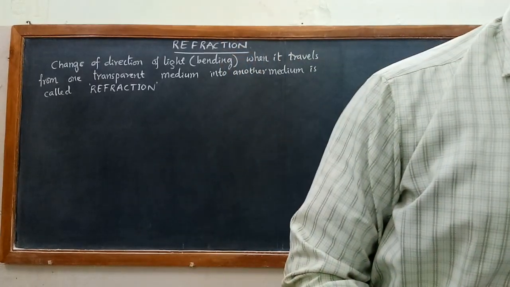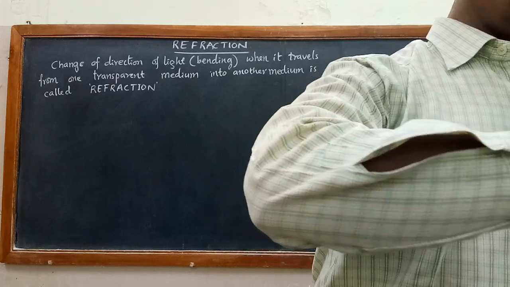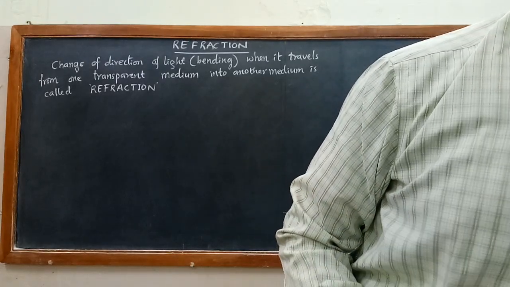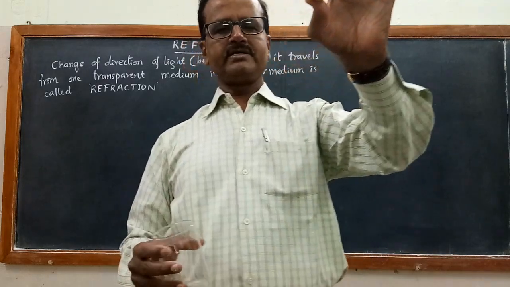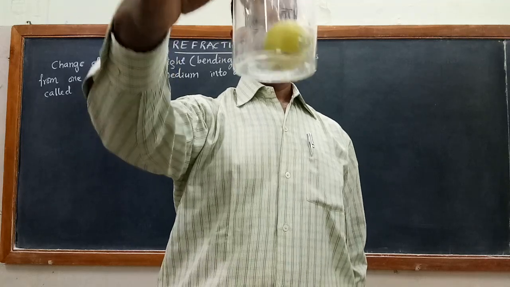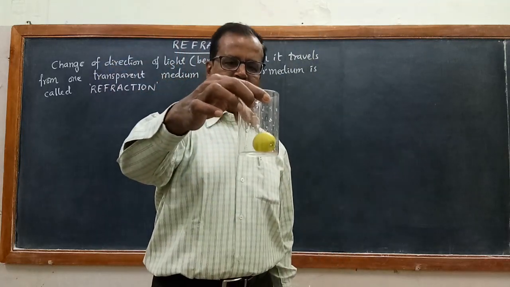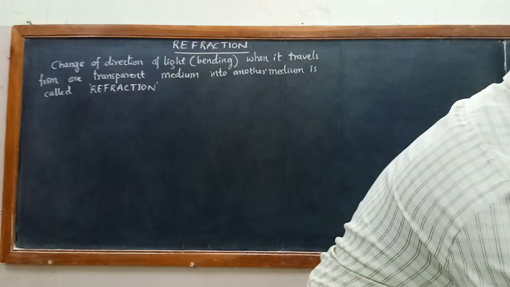Now let us see one more interesting activity. I am taking one object inside the glass. This is a lemon. You can see this lemon. I am taking this lemon inside the glass. Now I am going to pour water inside the glass.